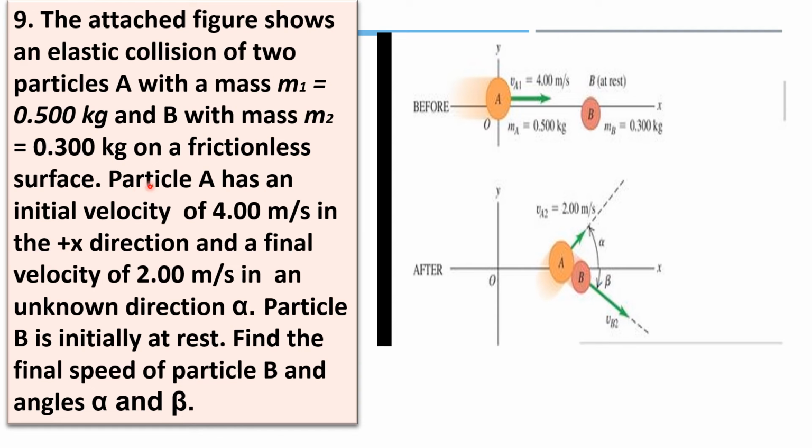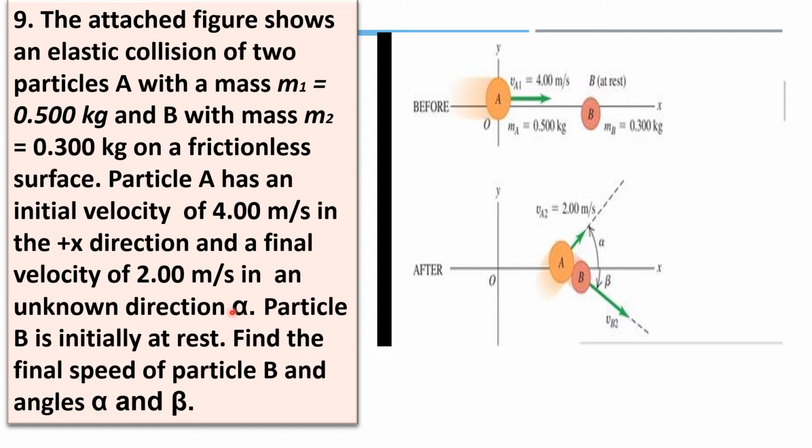Particle A has an initial velocity of 4.00 meters per second in the positive x direction and a final velocity of 2.00 meters per second in an unknown direction, which we label here as alpha.